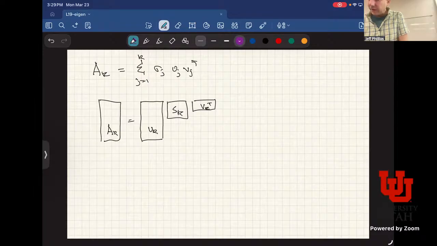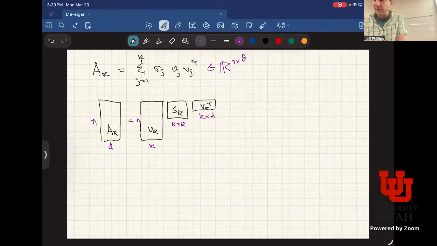Okay, so the dimensions here: A sub k is N by D. Remember, this lived in N by D. This first one is going to be N by k. This is going to be k by k. And this one is going to be k by D.